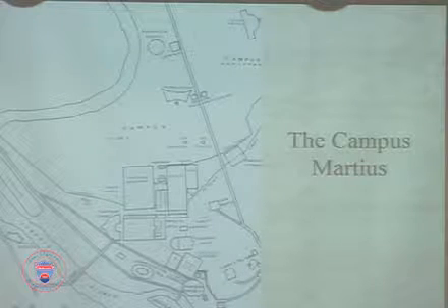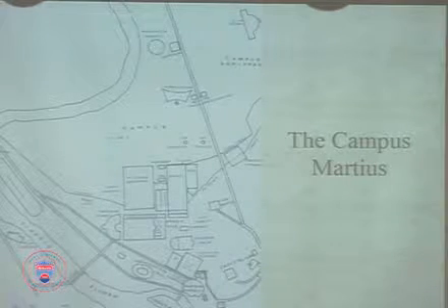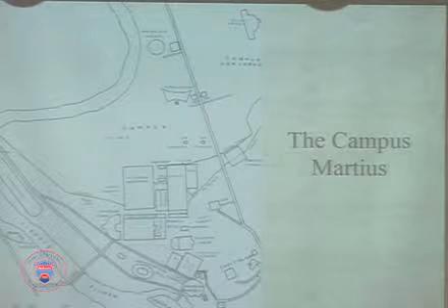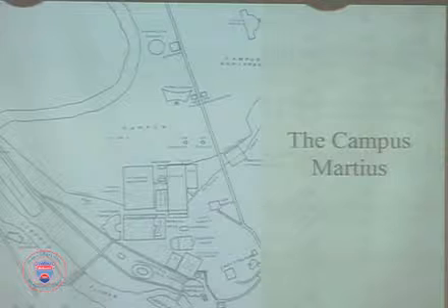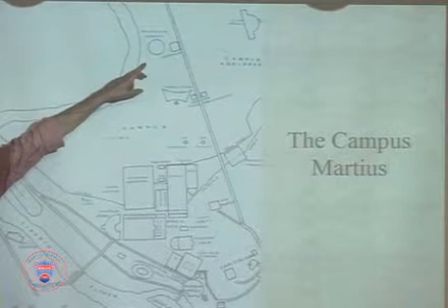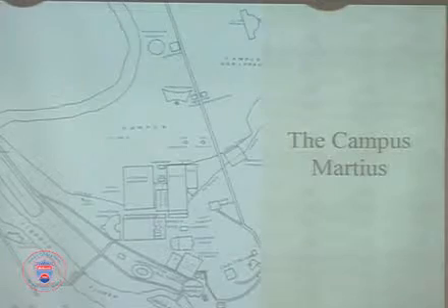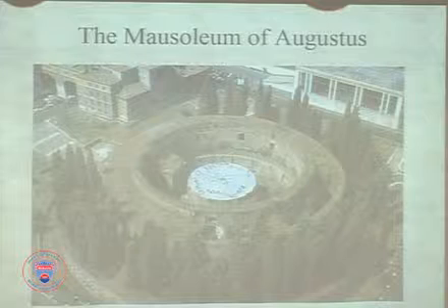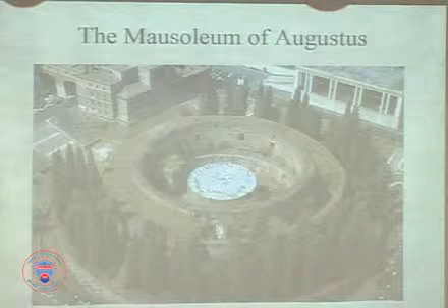When he becomes princeps, that's when he starts work on that particular structure. The same year, he starts building another big political statement. On the north end of the Campus Martius, he starts the building of the mausoleum of Augustus, the family tomb for the Augustan family.